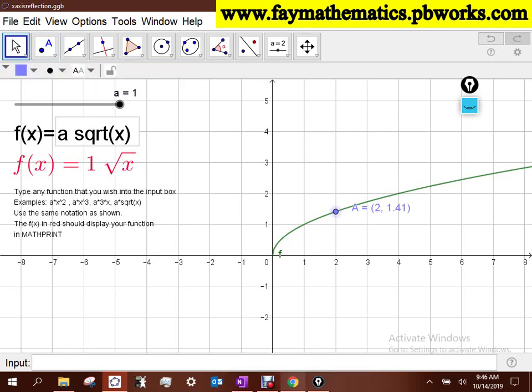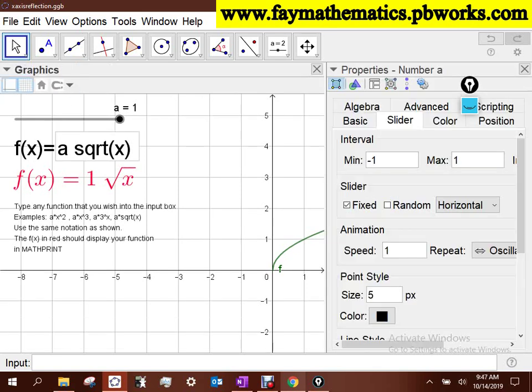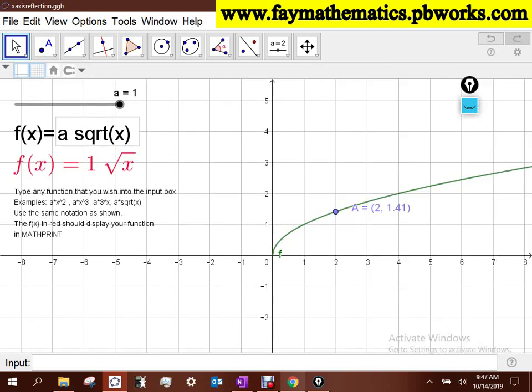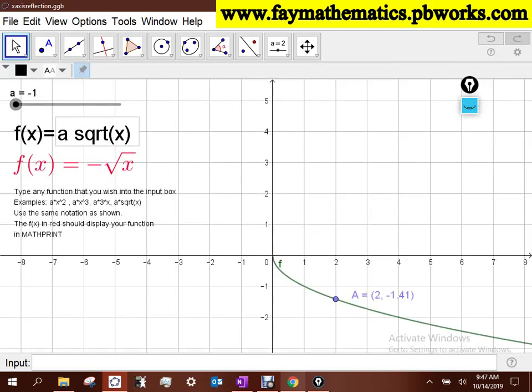Well, let's just go 2, 1.41. That's it. So 2, square root of 2. If I toggle between 1 and negative 1, there we go. We see that we still have that point 2, 1.41, but now the y value is just negated, right?